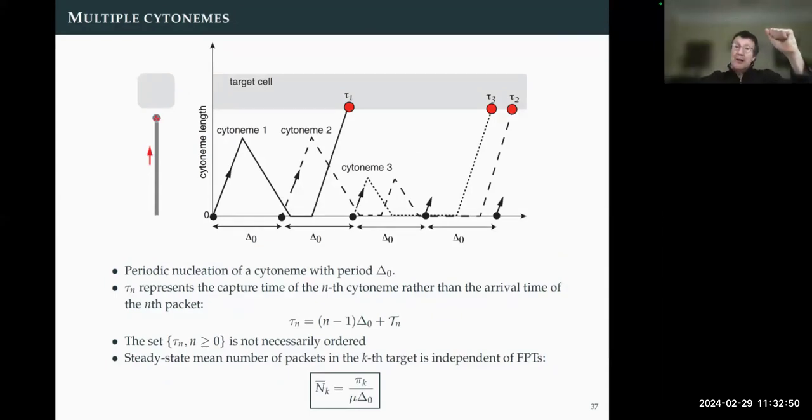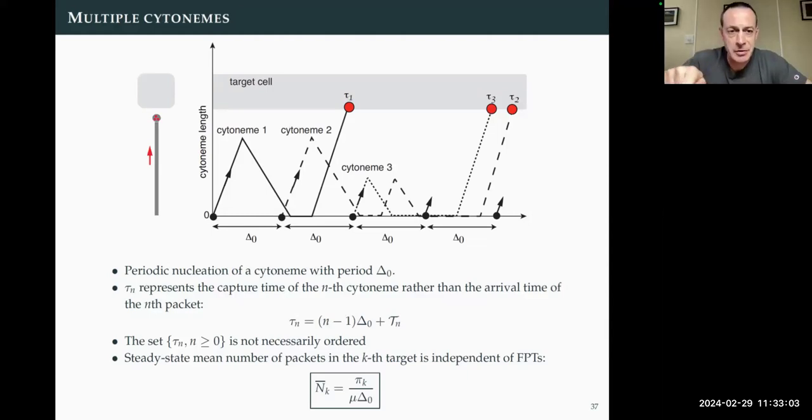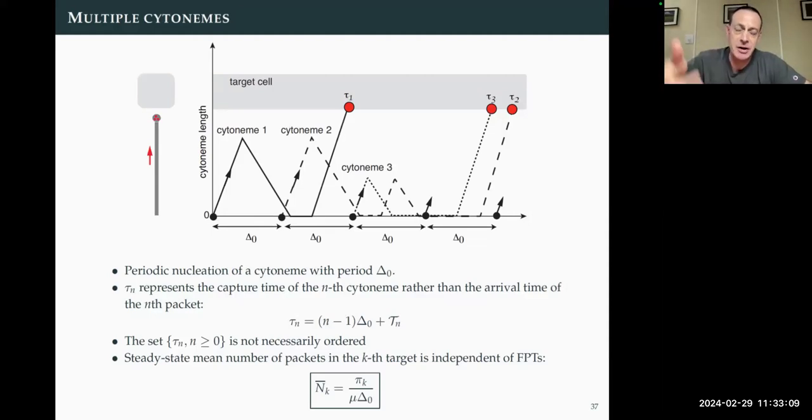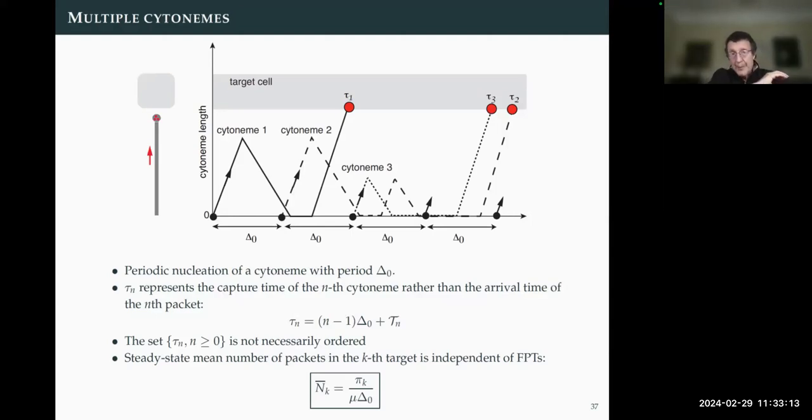I don't wait till one cytoneme returns before sending out another one. So it's a bit like the camp, search parties going out periodically, which of course is more realistic. We call it deterministic reset. Effectively, you restart at a fixed time. If you haven't found the target, you go back and start over. And so you can port all this machinery to study this problem as well.